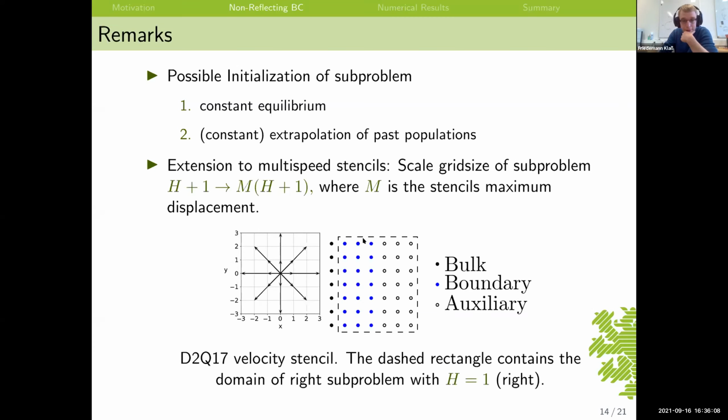So naturally we have 3 layers of boundary nodes, and to ensure a history depth of 1, we need now 3 additional nodes instead of 1 additional node, because doing so we can ensure that in one step of the subproblem, no information that needs actual boundary treatment on the right-hand side of the subproblem will propagate to the computational domain of the original grid, namely the nodes we are actually interested in.